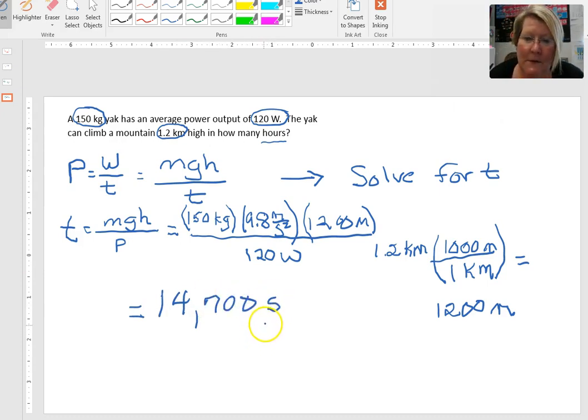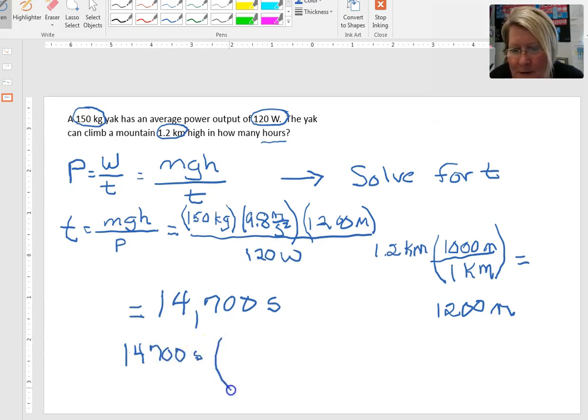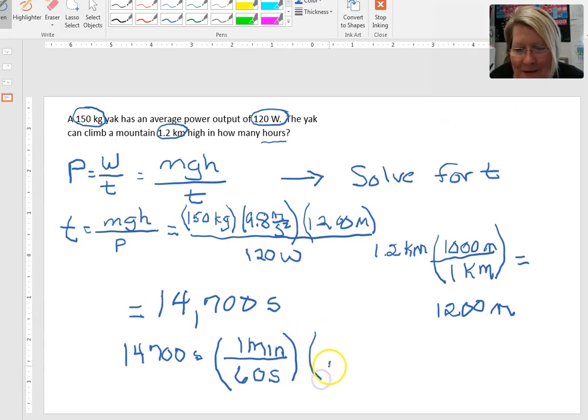Now the answers in the back of this chapter want it in hours. So let's go ahead and convert 14,700 seconds into hours. So we have 60 seconds in 1 minute, and then 60 minutes in 1 hour.